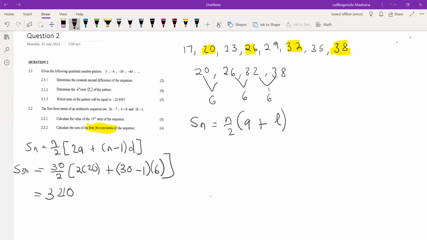So L is the last term of the sequence with regards to how far we want to calculate the sum. So we will say, what is the 30th term of our new sequence?